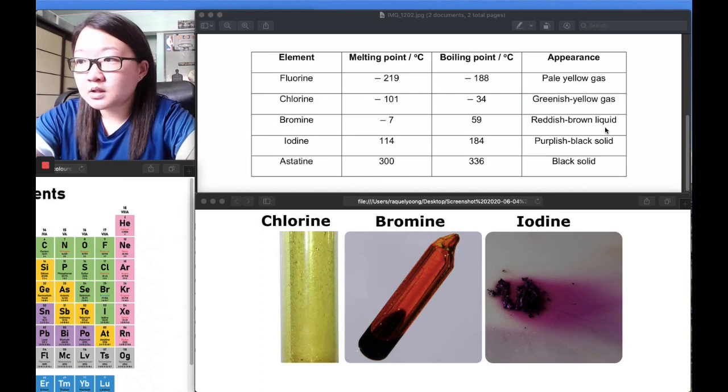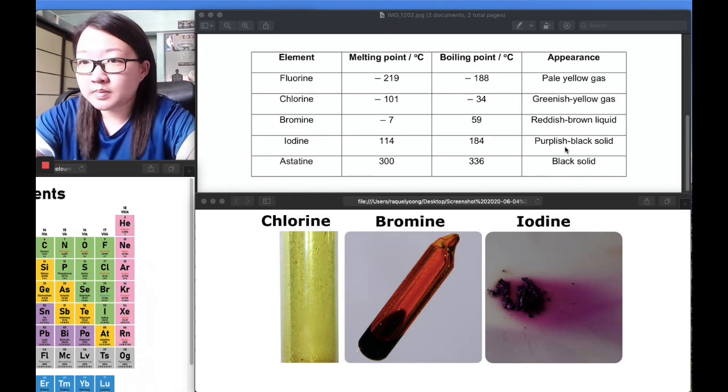Okay, so reddish brown liquid for bromine. Bromine is more common. You should have seen bromine before, possibly. Okay. Then for iodine, even further down the group, and if you look at the number of electron shells that iodine has, it has quite a number, right?